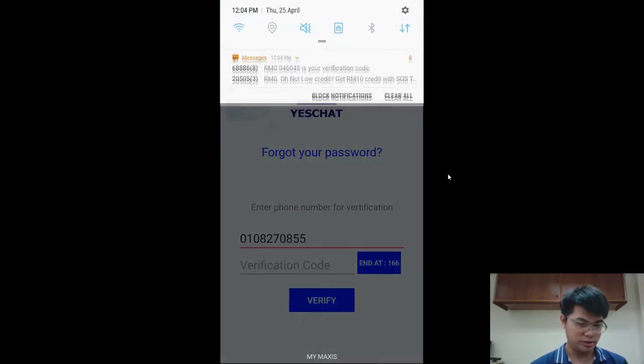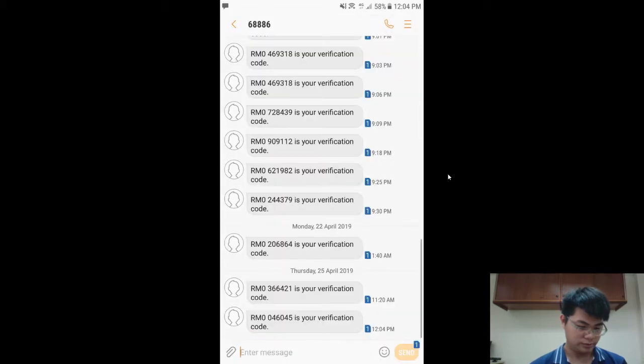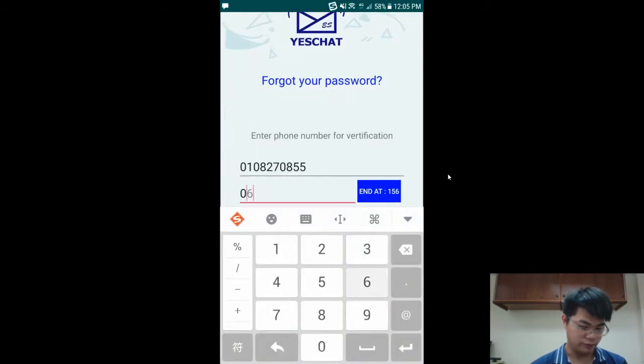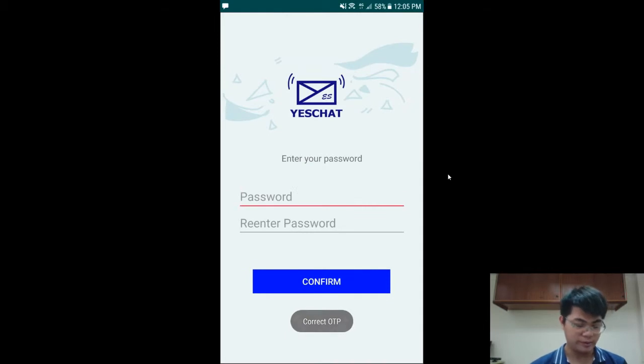So we see the verification code, 046045. We enter it, 046045, and click verify. If the OTP is correct, it will go to the reset password page.